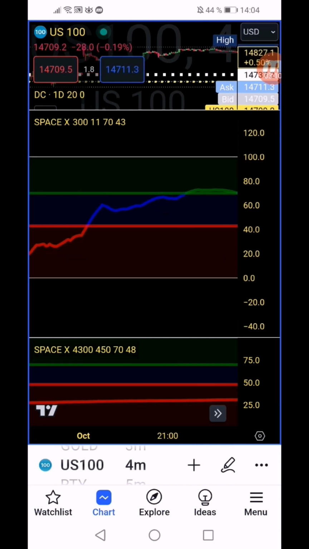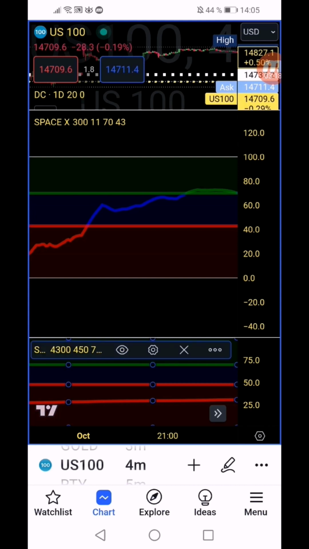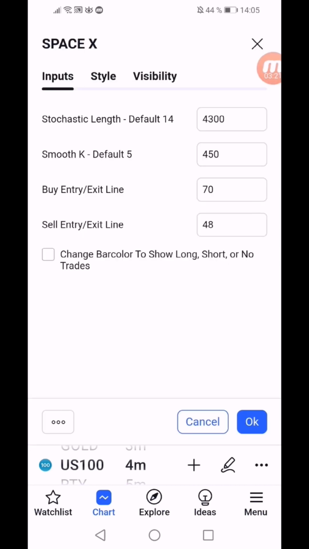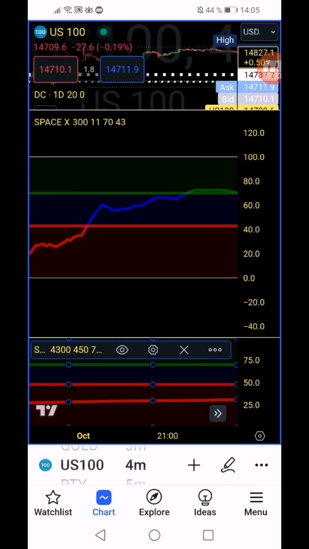So usually it would be a buy signal, isn't it? But remember, the big SpaceX, this one with 4,300 default, is the trend. The trend is short, so we don't do anything. We close another 2 positions.